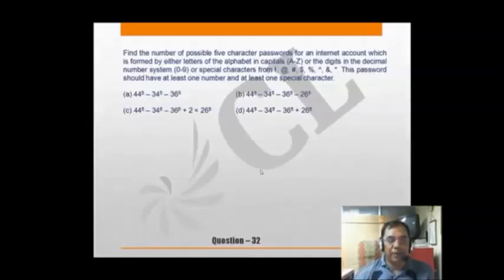Okay, now I'm coming to question number 32. Find the number of possible 5-character passwords for an internet account which is formed by either letters, alphabet A to Z, or the digits.